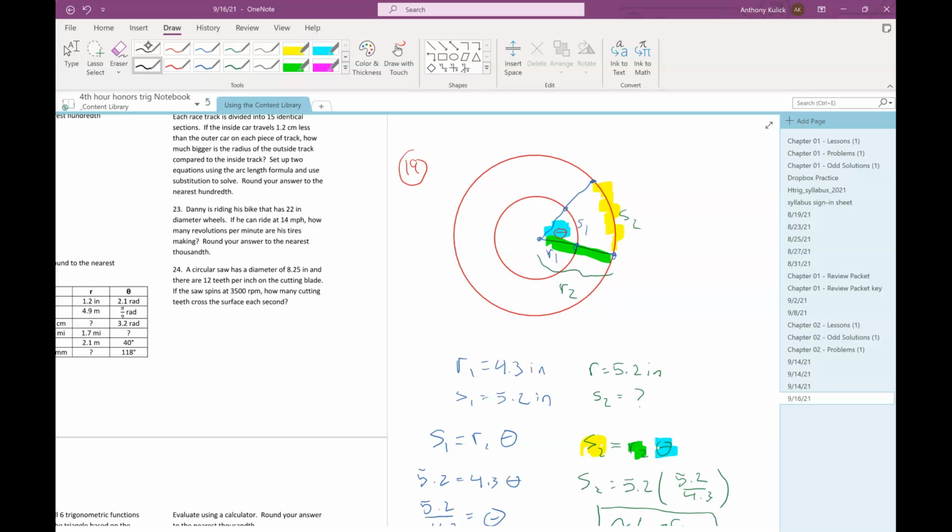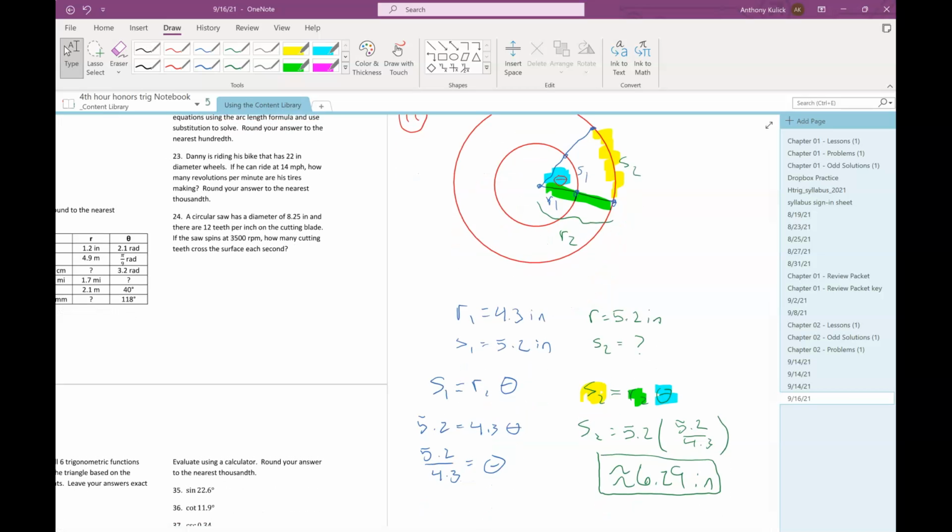And I multiply by that number, divide by 360, which is all we're really doing here. So we're just prorating the circumference for that little piece. 629? 6.29.